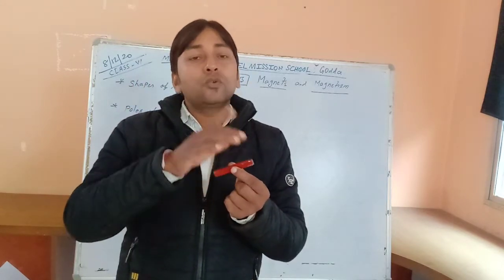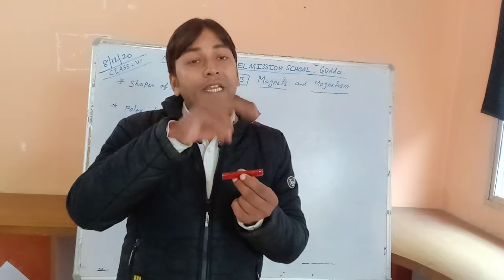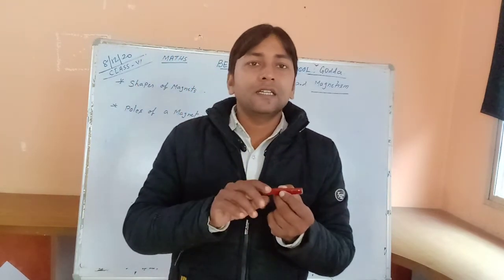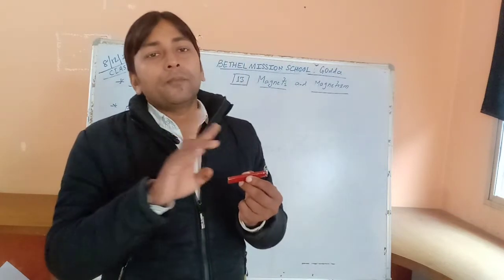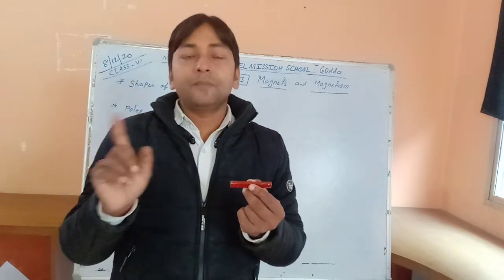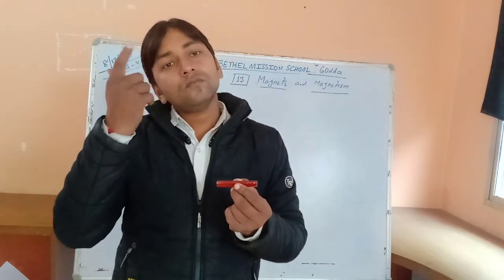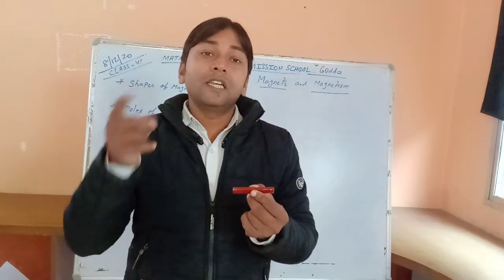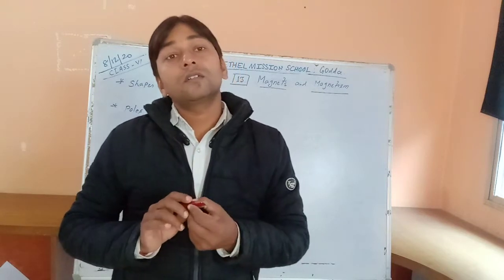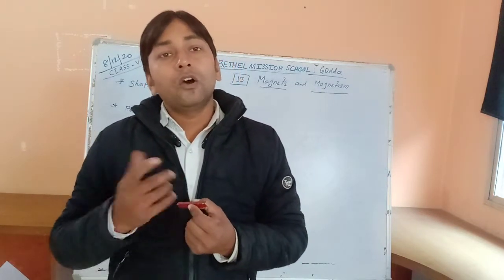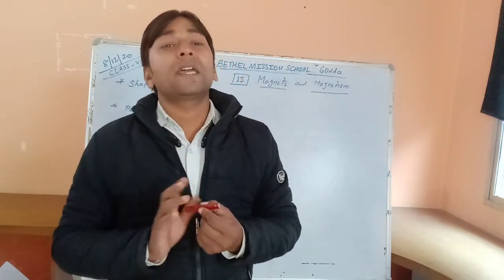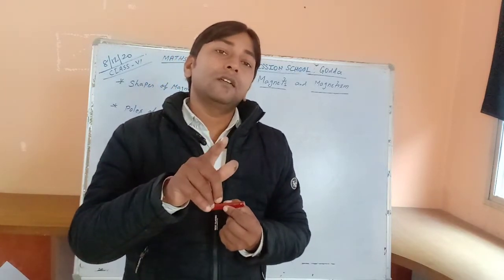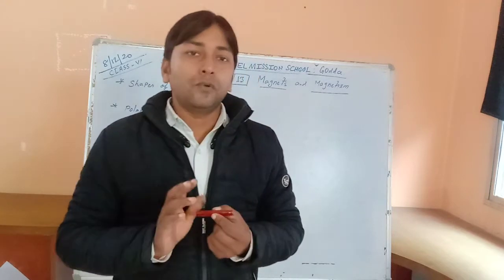And there are two magnetic poles in each magnet, and they cannot be separated. If you think you will make a magnet which has only one pole, it is not possible. It always occurs in pairs. If one is north, then the other automatically becomes the south pole.